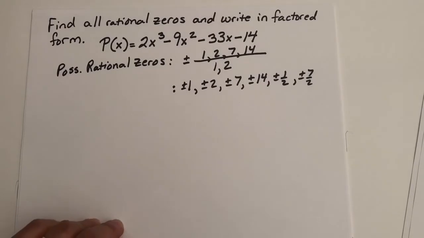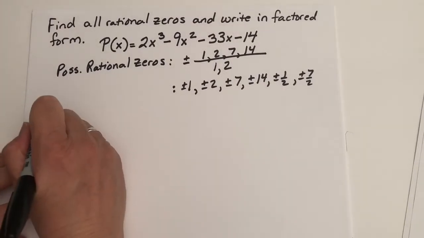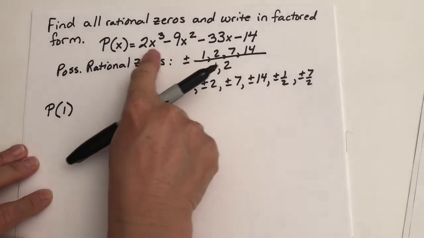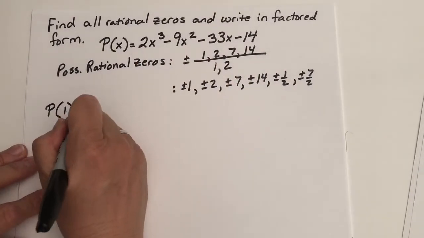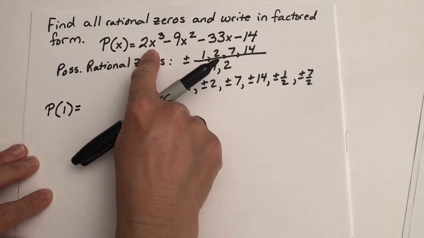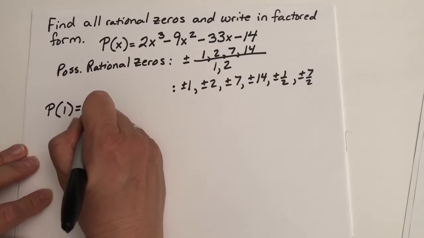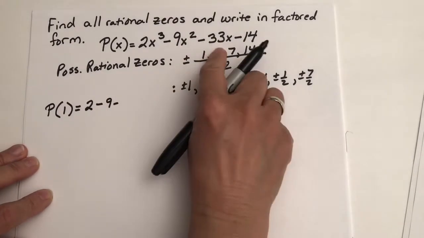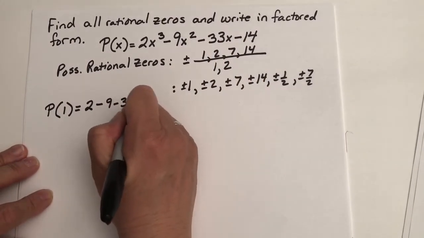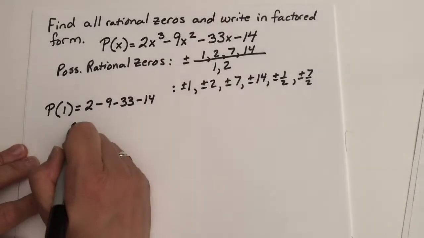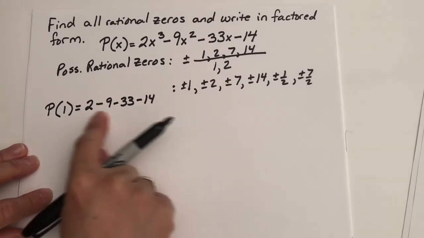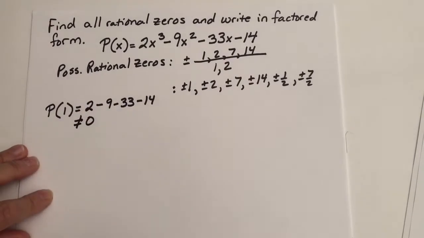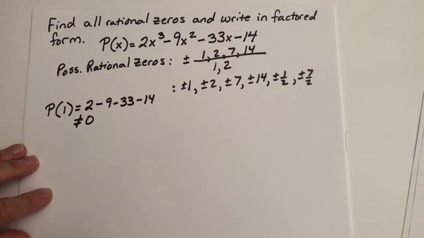So for example, if I were finding P of 1, I'm testing to see if 1 is a 0. I could pop that into that polynomial pretty easily. 2 times 1 cubed, and you could do this in your head. Minus 9 times 1 squared, minus 33 times 1, minus 14. And I don't really even care what that number is. I care that it's not equal to 0, so I move on.